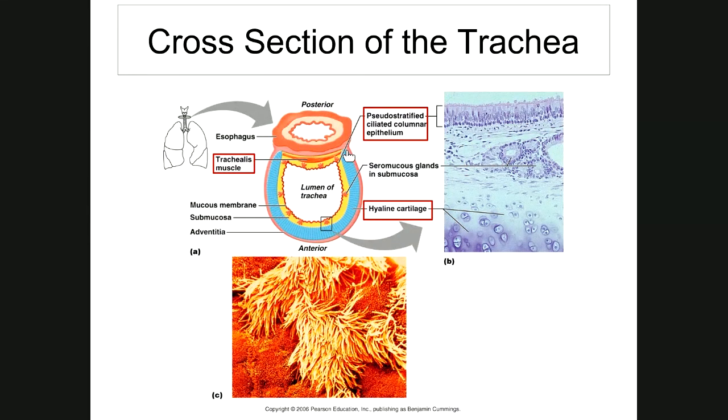Well, this trachealis muscle allows some give into the back of the trachea. And you know that you've swallowed stuff before that was kind of large, too much to swallow, and it hurts. There are two reasons. The esophagus is being stretched, and this trachealis muscle is being stretched as it's pushed into the space of the trachea. So that's why you have that pain when you swallow something that is actually kind of too big.